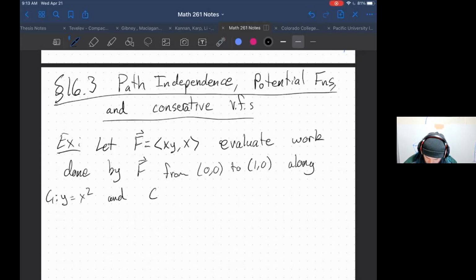And second, along the curve C2 using the line y equals x. So we're going to evaluate the work along two different curves and see if they're the same, if they're different, and what's going on here.